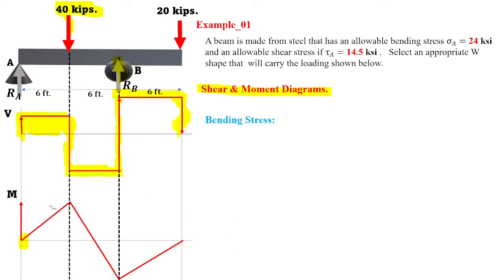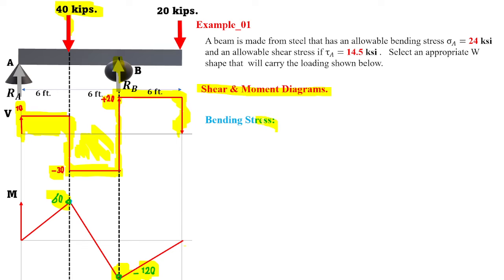If we want to show the numeric values, that's RA 10 kips, negative 30, positive 20, and likewise this is 60 because 10 times 6 is 60, and then the area under here, that's a negative 180 plus positive 60, which gives us a negative 120.